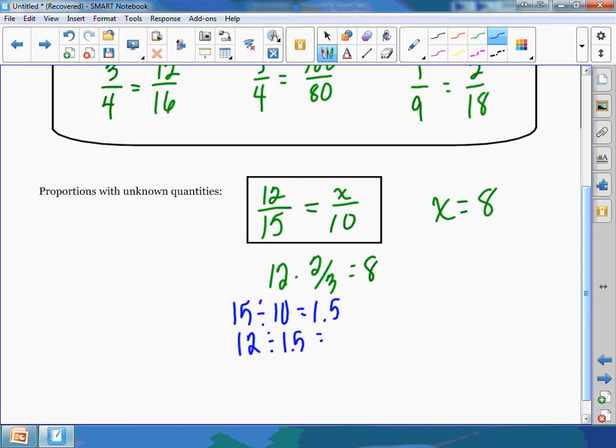But yeah, 12 divided by 1.5 would equal 8. So think of it like this way. She divided this way. She divided 15 by 10 to get 1.5. So divide by, excellent. Up here, you divide by 1.5. When you're going in the same direction, you do the same operation. Do you have a different way, Mikey?